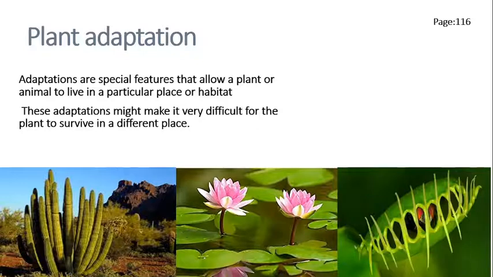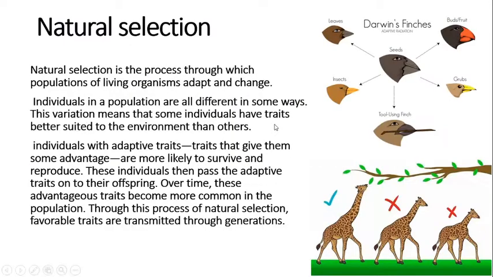These adaptations came from the ancestors of this plant, from the parents of the plants, by transferring the genetic materials to the offspring. The natural selection. Natural selection also is a process through which populations of living organisms adapt and change.